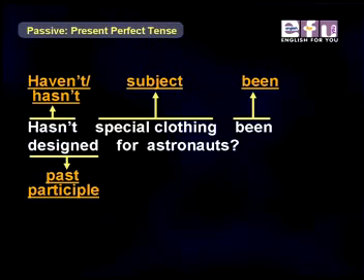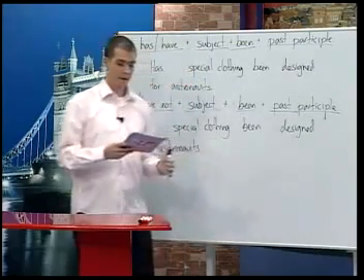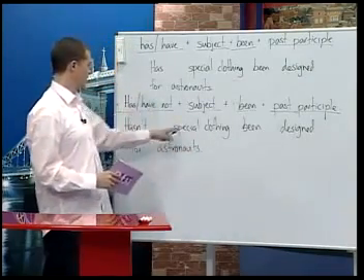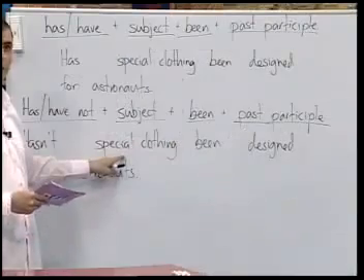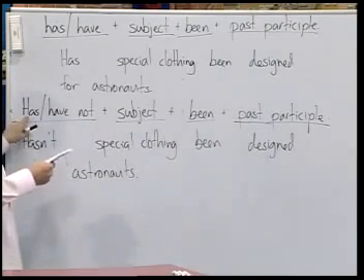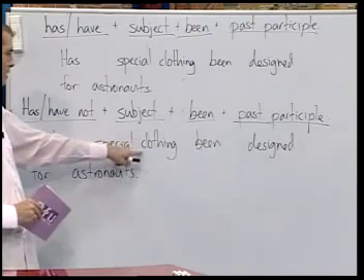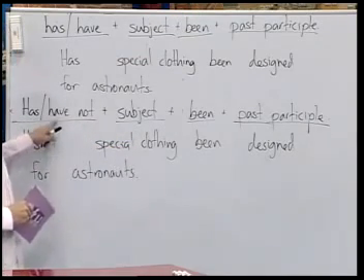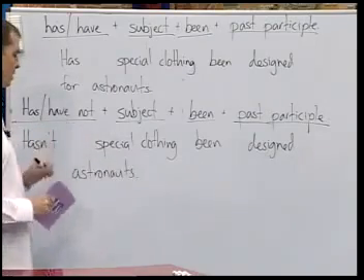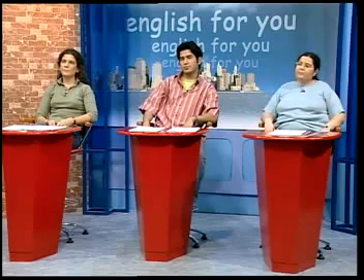Subject, special clothing, hasn't special clothing been designed for astronauts? Now again, as usual, the passive voice subject tells us if we use the singular or the plural negative. Has for the singular, special clothing is one uncountable noun, so hasn't, or if it was plural, have not.